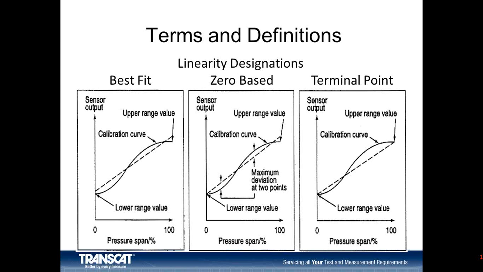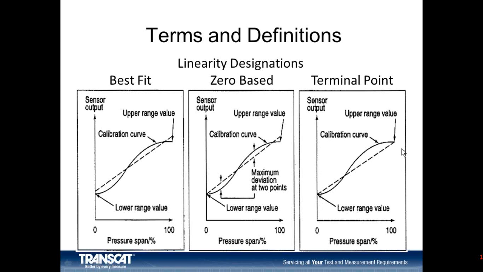There was one case I was involved in where an OEM transducer that had specifications for conformance according to the best fit straight line, as shown on the left, was incorporated into an instrument where the instrument specification was based on terminal point.